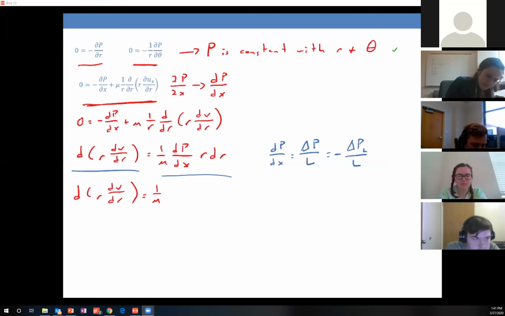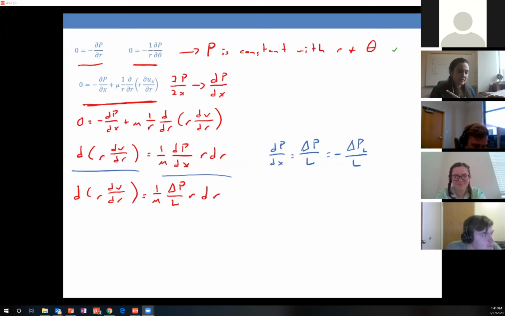No, yeah, let's just use delta P over L. I just want you to remember that this delta P is going to be a negative number. That's all I want you to remember. Because pressure drops along the pipe, as we know. Okay, so let's just do it like this. And so now maybe it's a bit more clear that that is a constant, which means we don't have to integrate with respect to x.